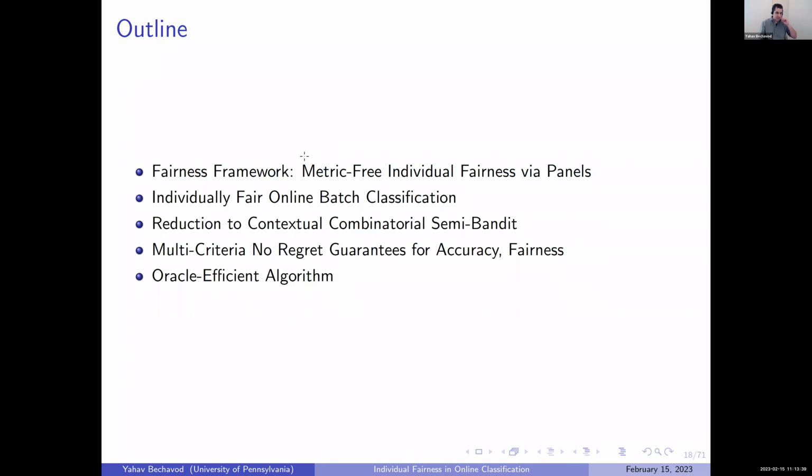In the first part, we'll present the fairness framework, which is metric-free individual fairness with the assistance of human auditors. Then we will see individual fairness in the online learning setting. Later we will see how we can connect this setting to the literature on contextual combinatorial semi-bandits and establish criteria that hold simultaneously for accuracy and for fairness. And if we have time, we will go over the construction of an oracle-efficient algorithm.